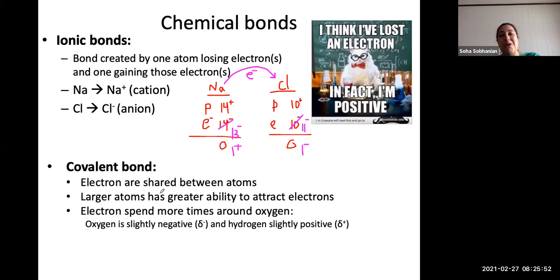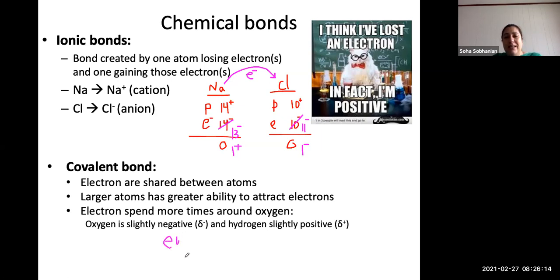So when we're talking about a covalent bond, atoms are going to share their electrons with each other. Now, it's not mentioned here, but I do want to make this clear to you. When we're talking about covalent bonds, there are two types of sharing.